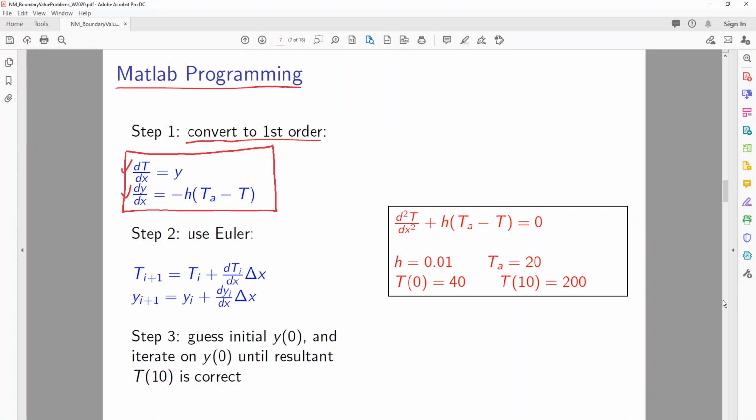Once we have that, we can use any method. In this particular example, I'm going to use Euler. Hopefully you've seen Euler before, but effectively we have some initial condition right here, and then we add on a little bit of slope times a little bit of x, or what have you. As a result, these two terms cancel each other out, so we're taking a t, adding a little bit more t, and getting the next t.